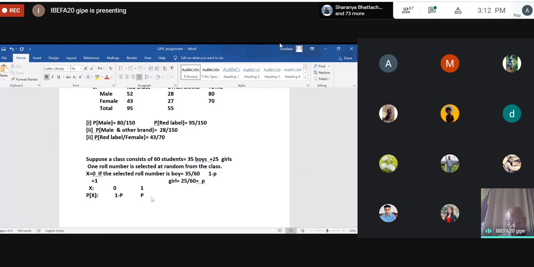This probability can be written in another form.